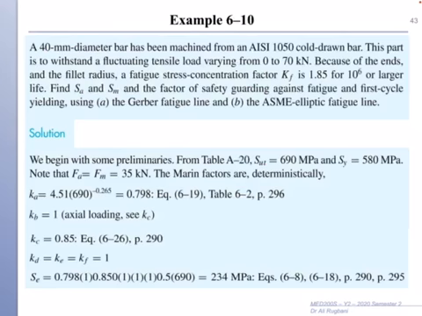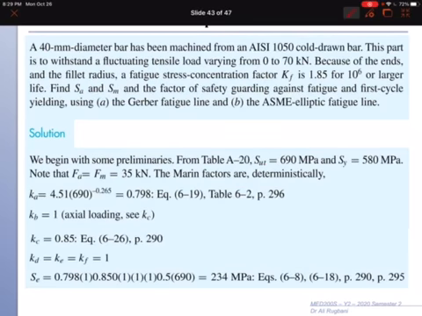Okay, and here we have an example for a material, cast iron material. Diameter is given, and we have fluctuating tensile load, varying from 0 to 70. So this is not completely reversed. This is a repeated load. A repeated load leads to repeated stress.